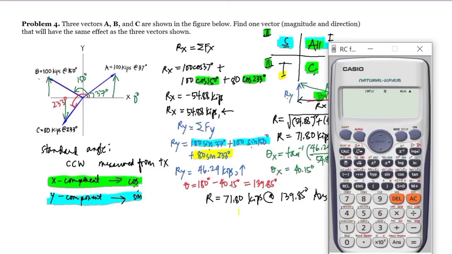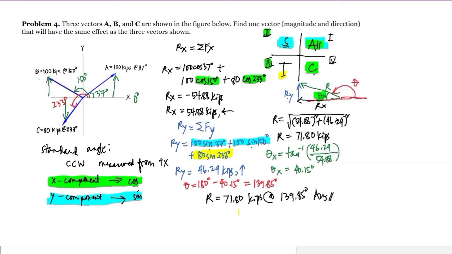For problem number 4 ay wala na tayong problema kasi ito ay naka-standard angle na. So, mode 2, we have for vector A, that's 100 angle 37 degrees. Plus vector B, that's 100 angle 150 degrees. Plus our vector C is 80 kips, so 80 angle 233 degrees. And that negative 54.88 is your x component.